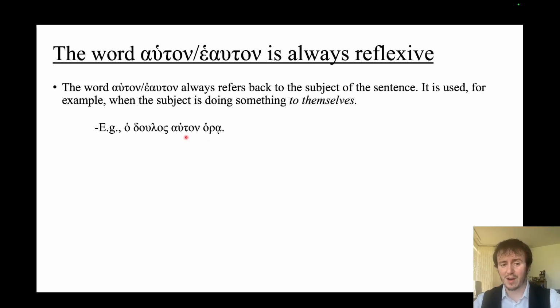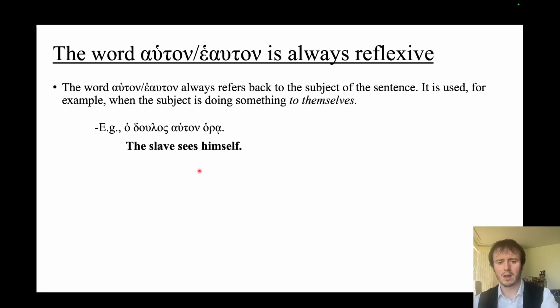We say himself because the slave is the subject and the slave is a guy, one guy in particular. However, it's also masculine accusative singular, so that also confirms that we need to say himself. And this word ἑαυτον is in the accusative because himself is the direct object of the seeing. The slave sees himself.